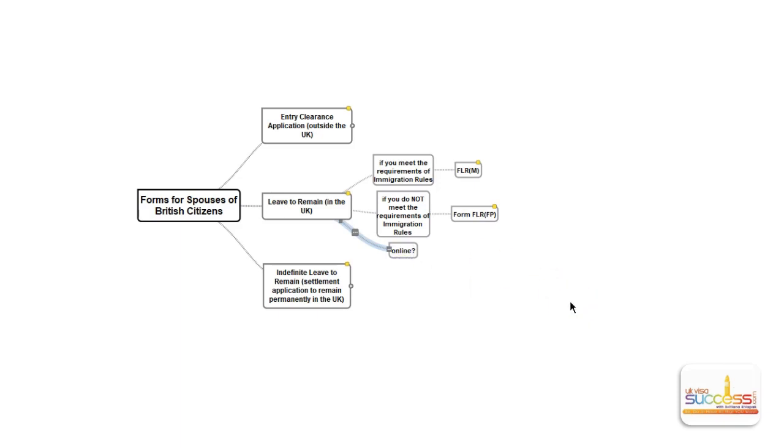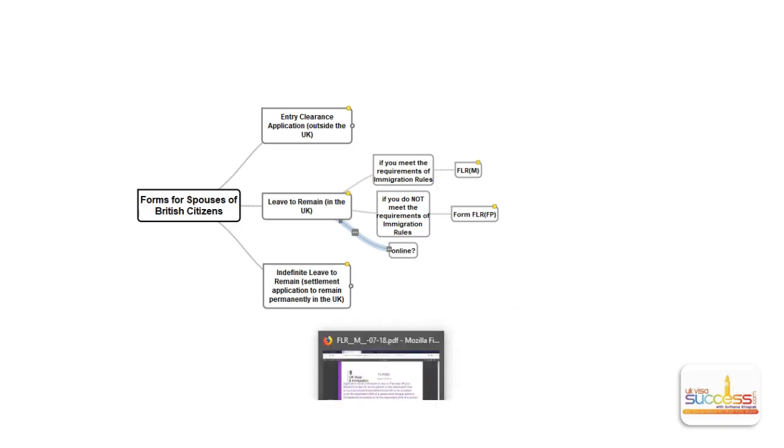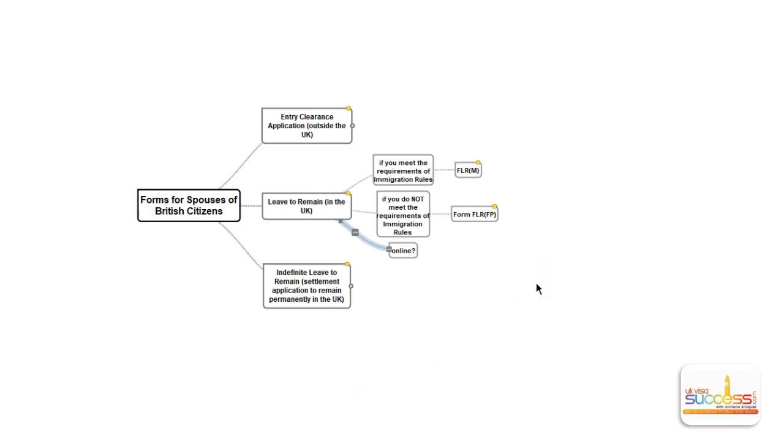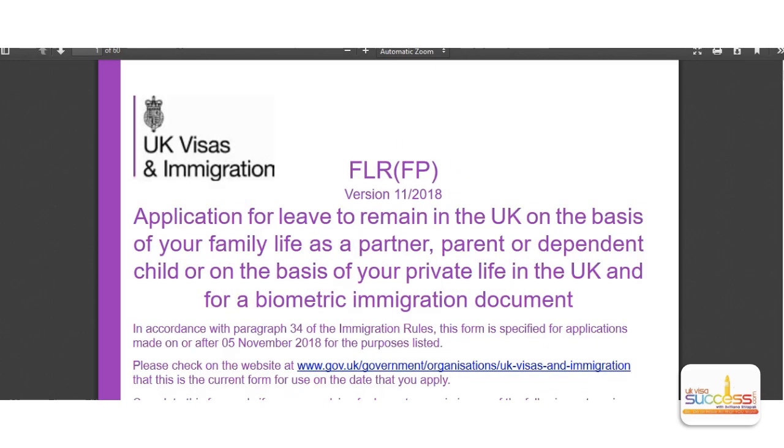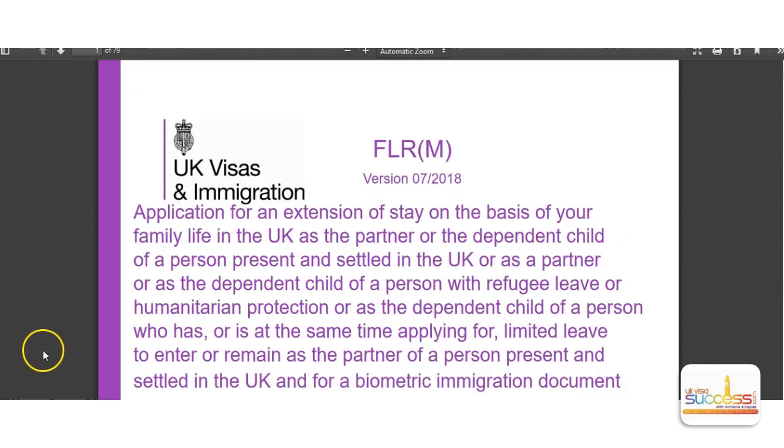And you have a choice here. You can either complete the paper or the online version of the form. I always go for the paper version if it is available because it is much more flexible, which you need especially if your circumstances are not the standard ones. Once again, please always make sure that you use an up-to-date version of the form. And here is how the current version of the form looks like.